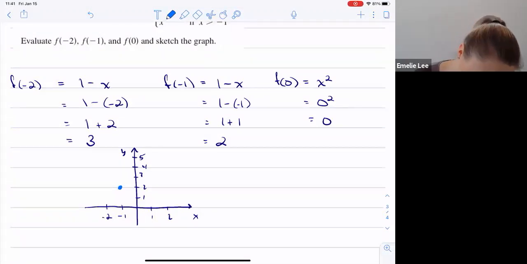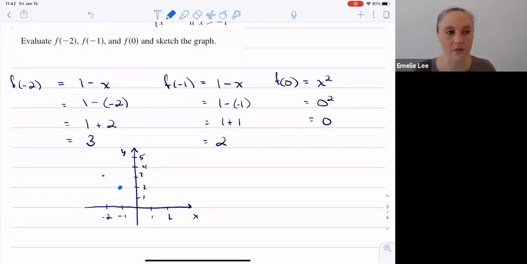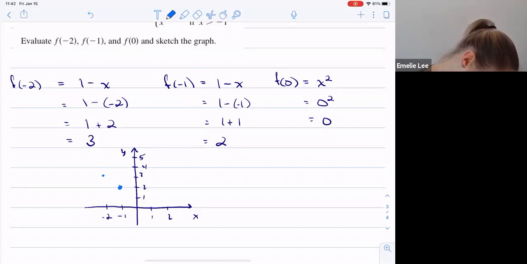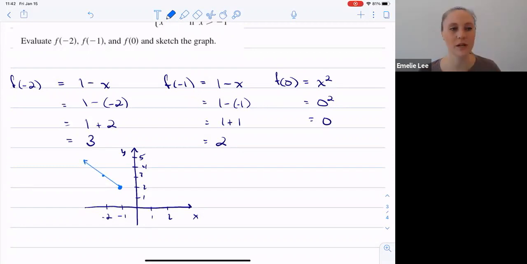And then my next point on the line is kind of here at -2, 3. I'm going to use this to draw my straight line, and it's just going to go through that point, right? To draw a straight line, you only need 2 points, and then you can use a straight edge to connect them.